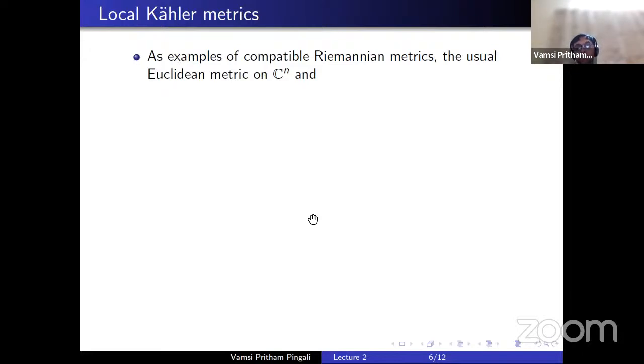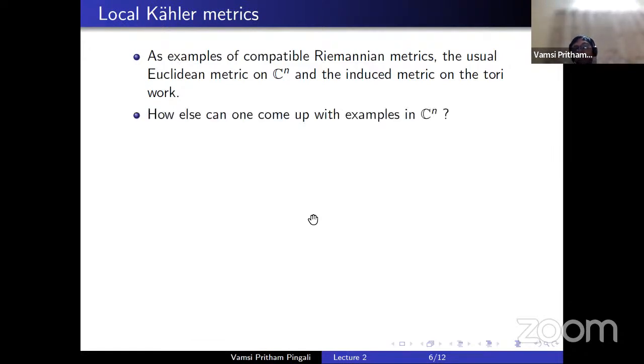It preserves this metric. Likewise, if you take C^n quotiented out by a lattice, you get a complex torus. The induced metric on it is also a compatible Riemannian metric. So the real question is, how do you come up with more examples of compatible Riemannian metrics in C^n?